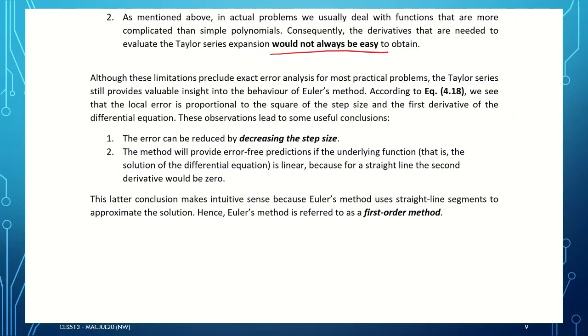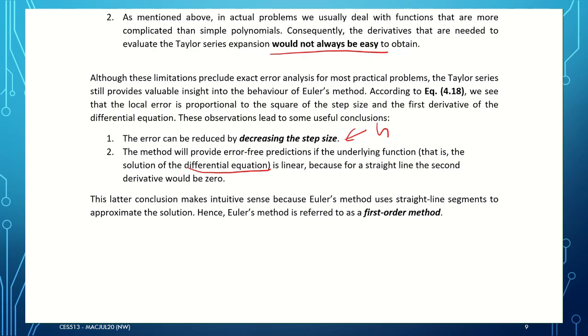And then some useful conclusions that we can gain here. The error can be reduced by decreasing the step size, which is h. And the method will provide error-free predictions if the underlying function, that is the solution of the differential equation, is linear.